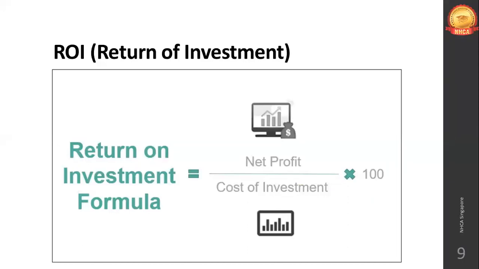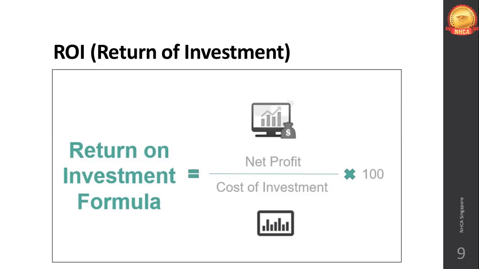Next is return on investment. Return on investment means you have invested your money somewhere, but what are you getting back out of that investment? How do you calculate it? This is the formula. The numerator is net profit. Net profit means the revenue that you have collected minus all the expenses.